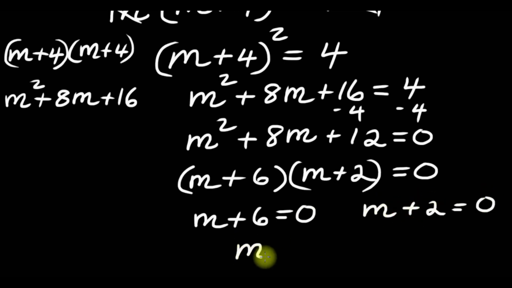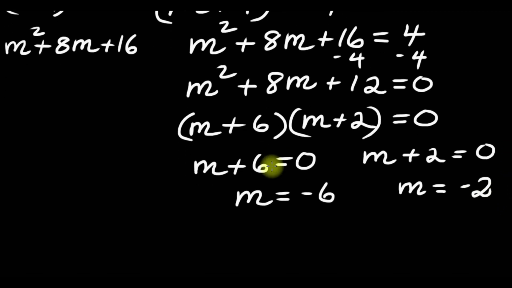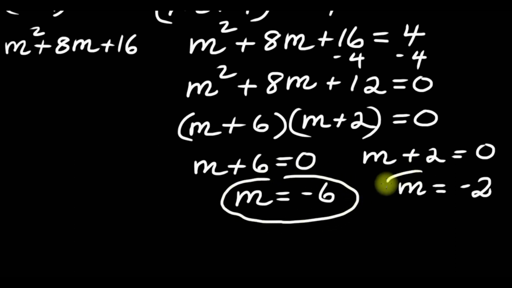So I get negative 6 for this one, and then I'll get negative 2 for this one. Okay, so they both came out to negative numbers. We're going to have to check this to see if we have any extraneous solution.